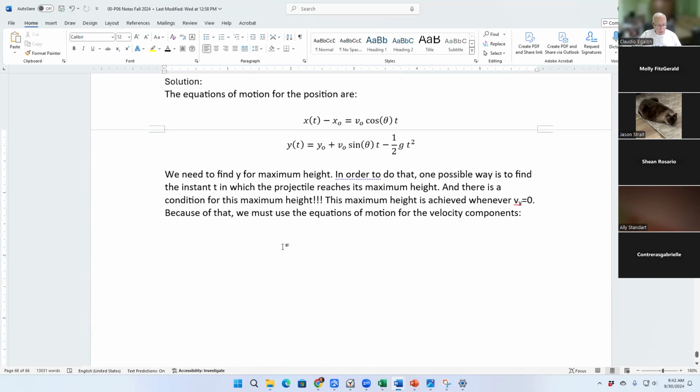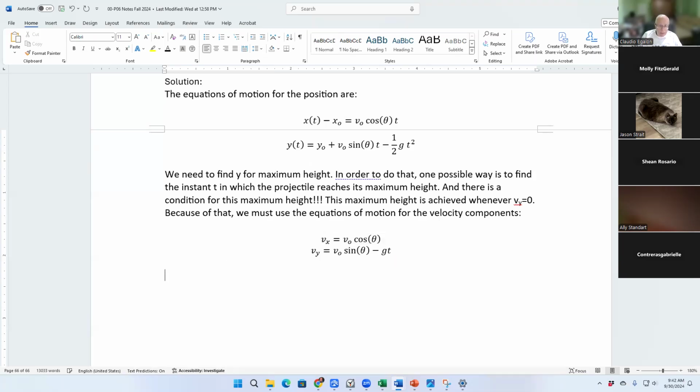And there's more. Because we want to know just the maximum height, we're not going to need this x here. We want maximum height, then Vy must be equal to 0, right? Similarly, we're not going to need this guy either. Okay, but let's keep it in there.